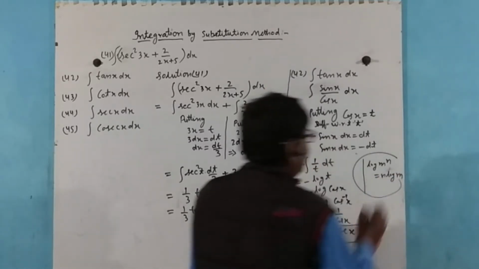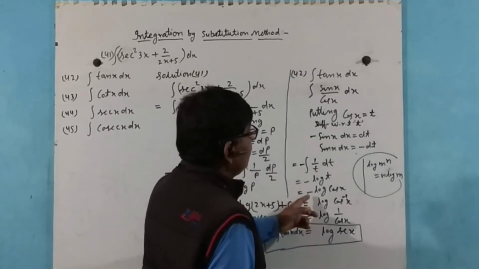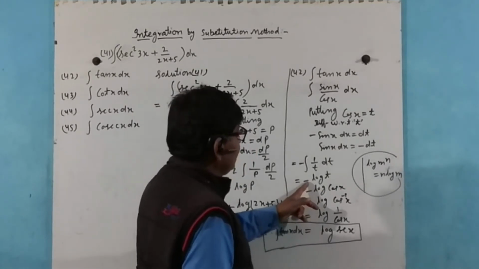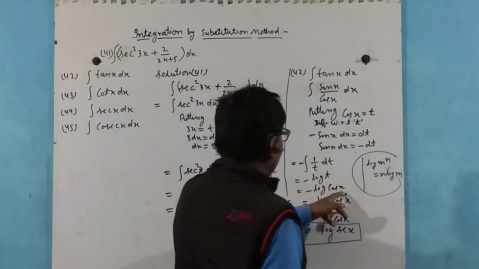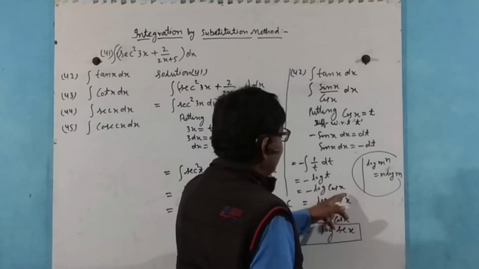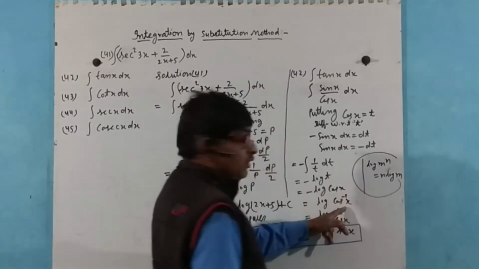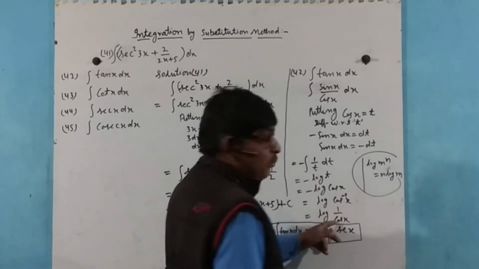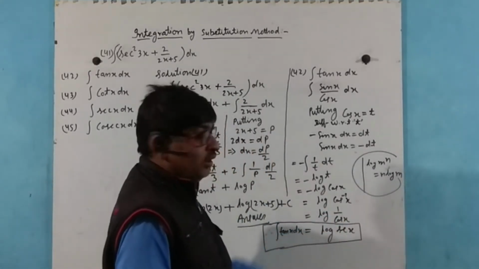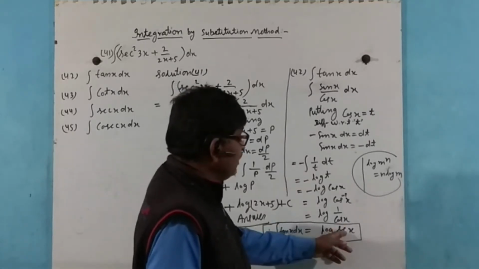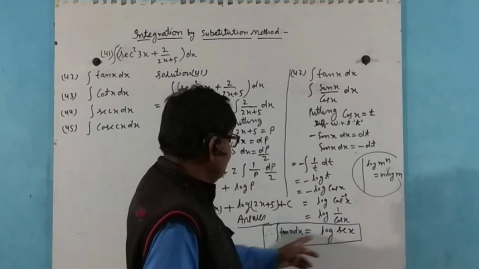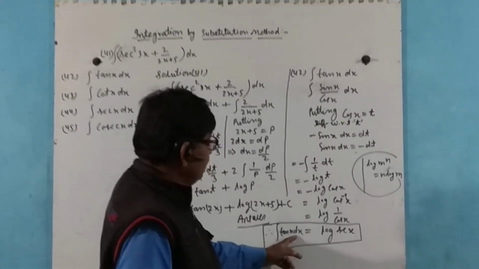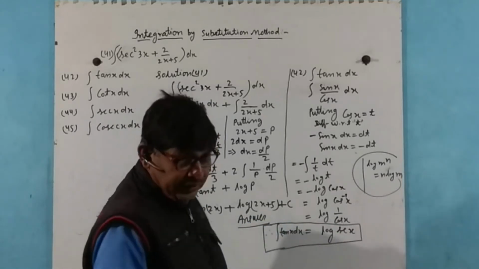In the similar sense, minus 1 can be written as the power, log cos x to the power minus 1, and this is equal to 1 by cos x, and 1 by cos x equal to sec x, because cos x and sec x are reciprocal to each other, so that integration of tan x dx equal to log sec x.